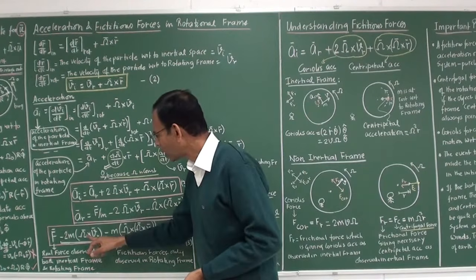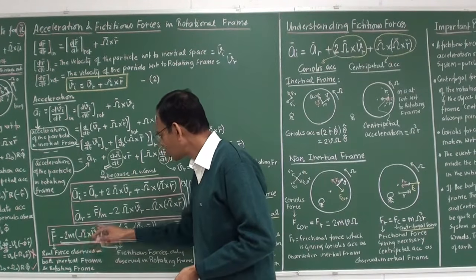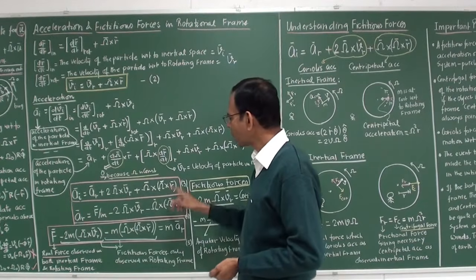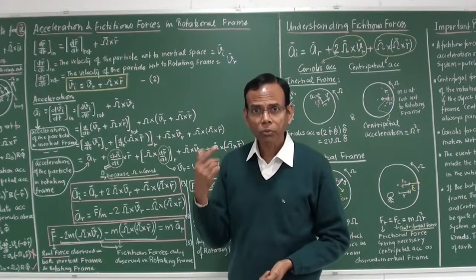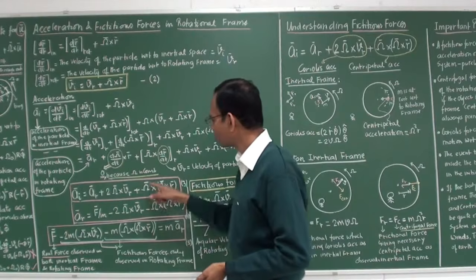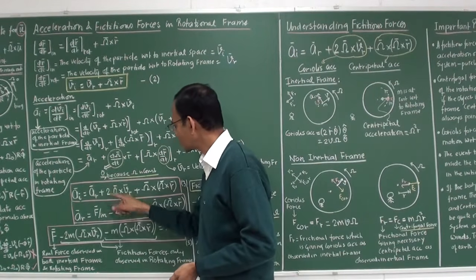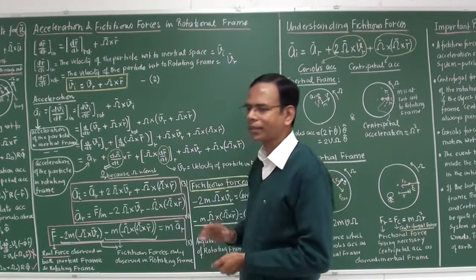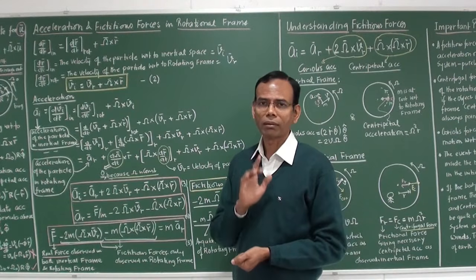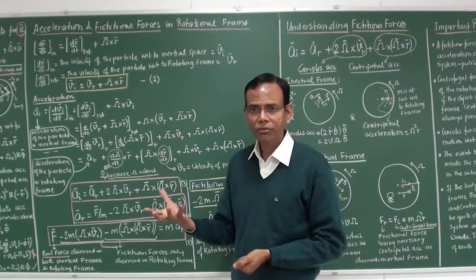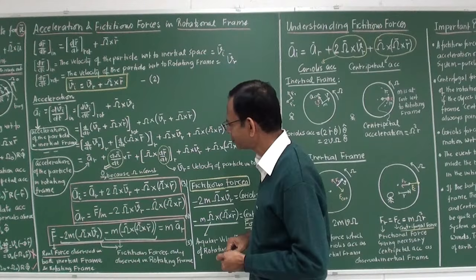So, if I want to understand the Coriolis and the centrifugal, we have to see what their origin is, from where they have come. So, they have come from here. And as you see, in the inertial frame these are two accelerations which are real, because I am observing it from the inertial frame.